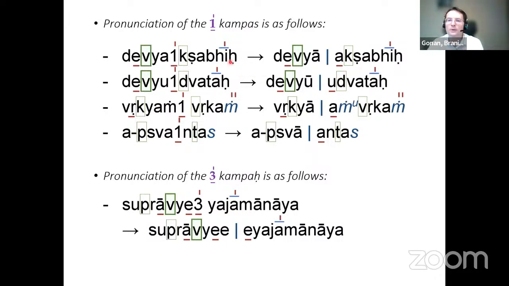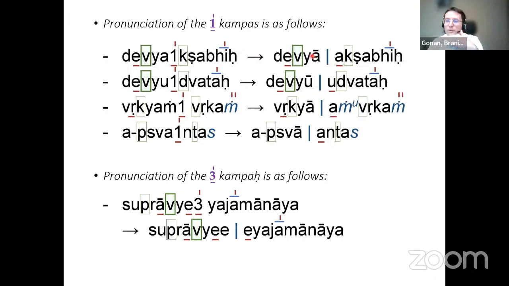Akshabhihi. So, devya akshabhihi. Okay, we didn't put here the red line, because this is not something that you will find in the text. We just put a marking that we need to pause here. And remember, we are getting here dirgham, and this is hraslam, so that's why the pause should be there.